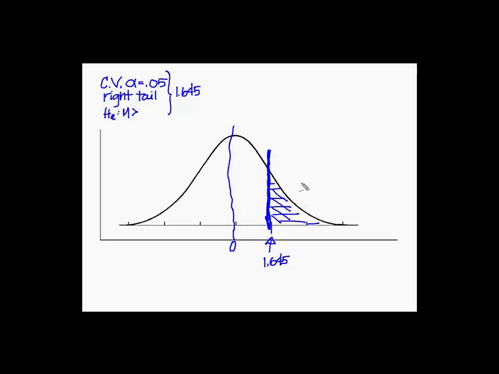So if I get a test statistic that falls in this region, my decision is going to be reject H0. Anything in this area will be fail to reject, right?